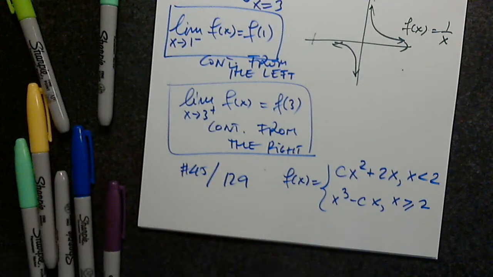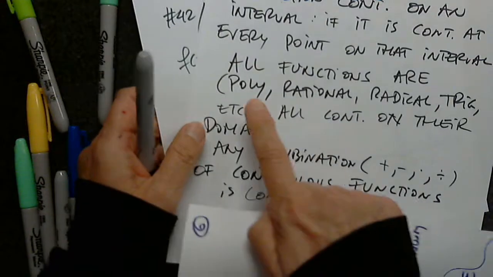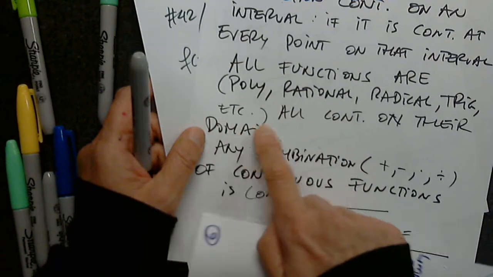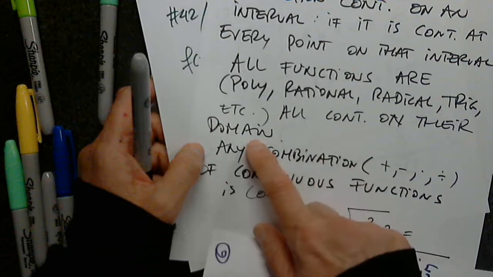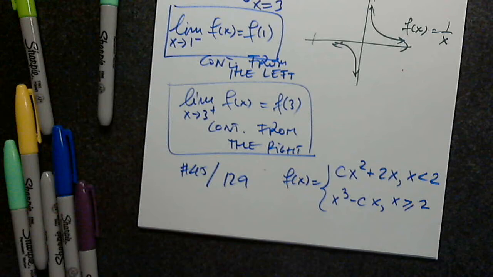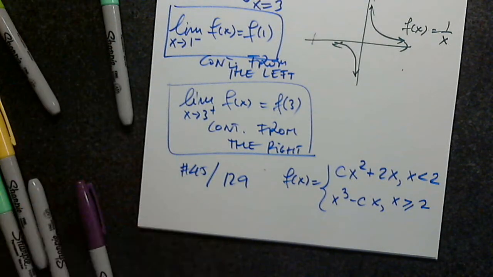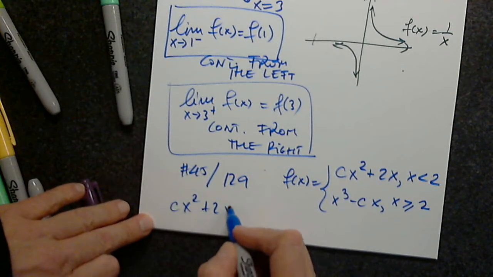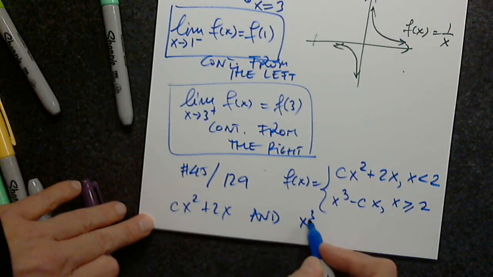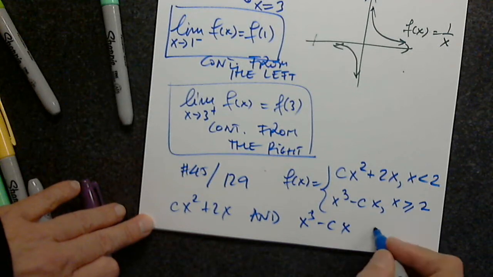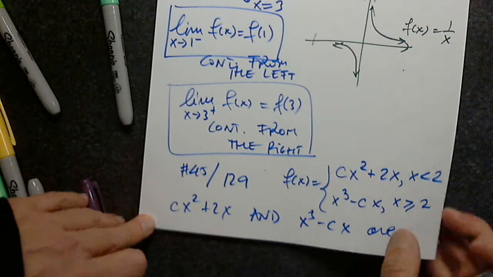If you remember, we wrote this note a few minutes ago in which we said polynomial functions are continuous everywhere. The domain is everything, so they are always continuous. So this is my starting point in analyzing this function. I have to write first that cx squared plus 2x and x cubed minus cx are continuous as what?